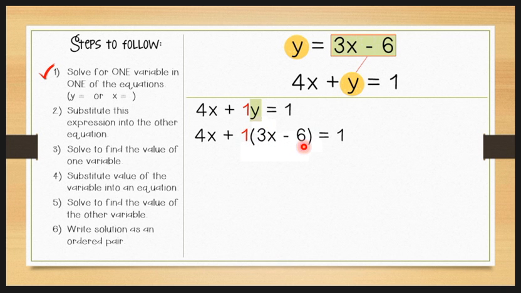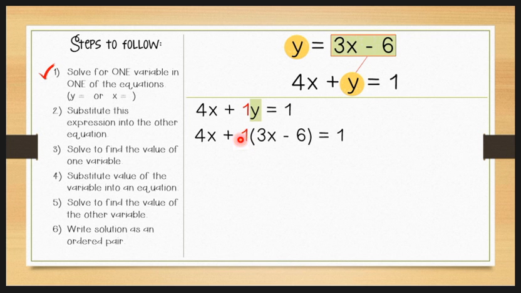And notice how that whole expression is in parentheses, which is going to be an important piece as we progress through these examples, because we're going to have to distribute that coefficient of y here. And recall that that equation is set equal to 1. The only thing in that second equation that we're changing is we're taking that expression 3x minus 6 and substituting it in for y. Everything else stays the same.